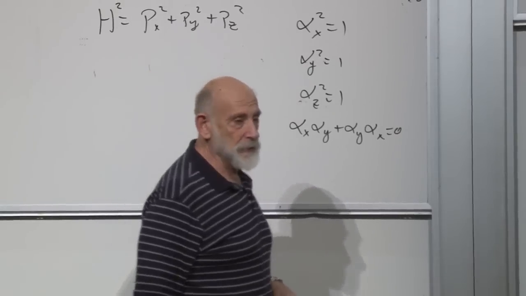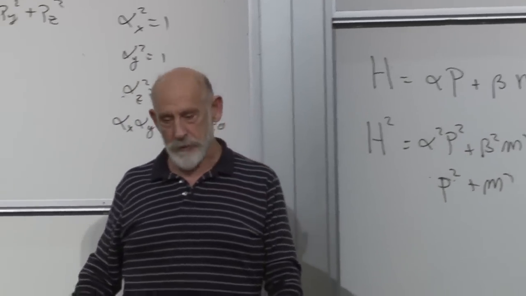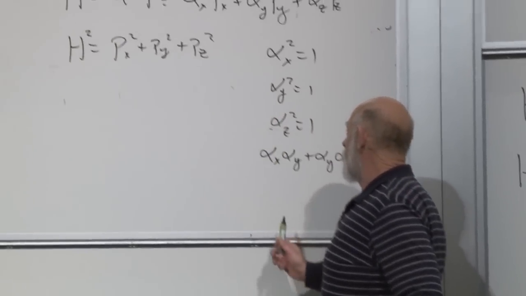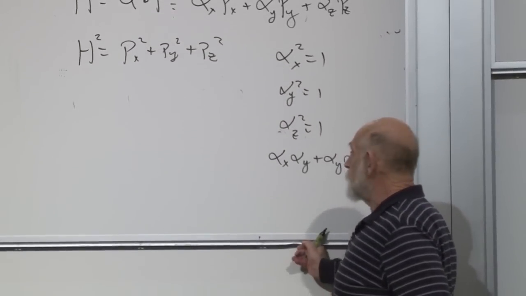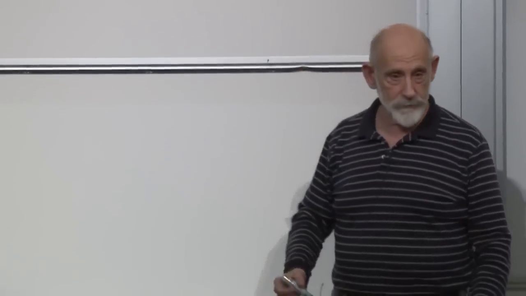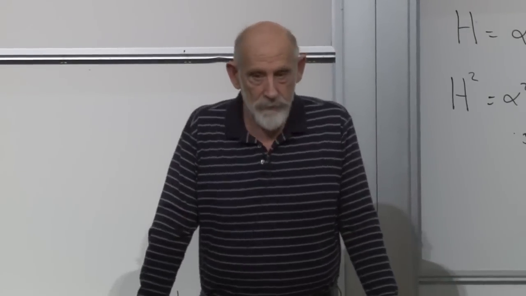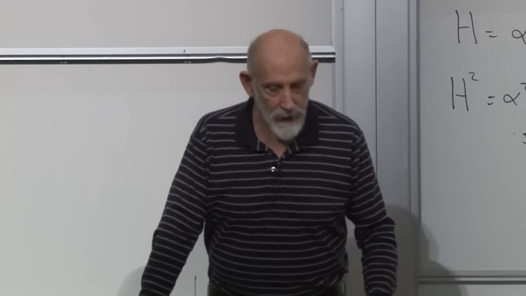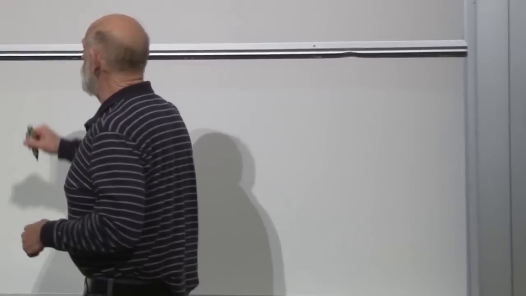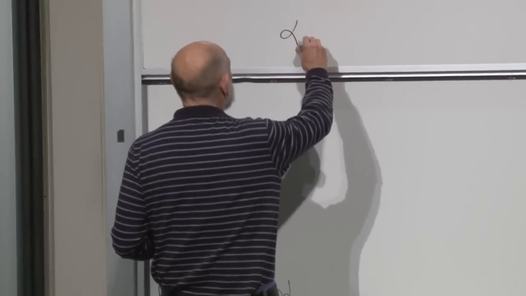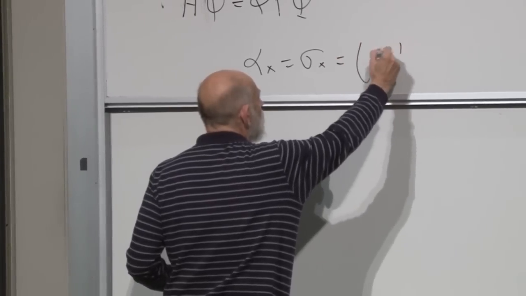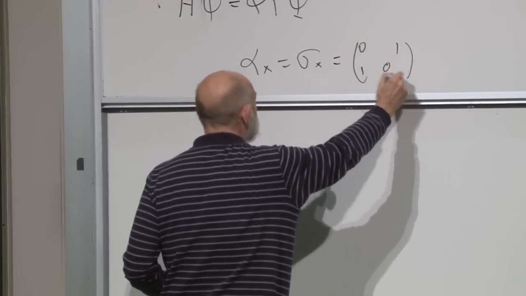So Dirac says, can I find three matrices which each one squared is 1 and which mutually anti-commute? And the answer to that's easy. Pauli matrices. The three Pauli matrices do exactly that. Okay? So if we say alpha x is equal to sigma x, the Pauli matrix, equals 0, 1, 1, 0.